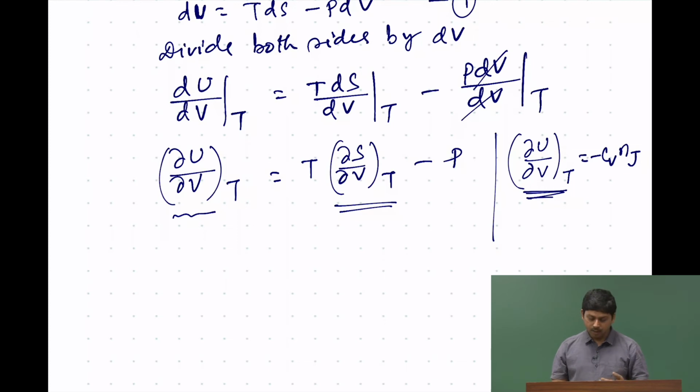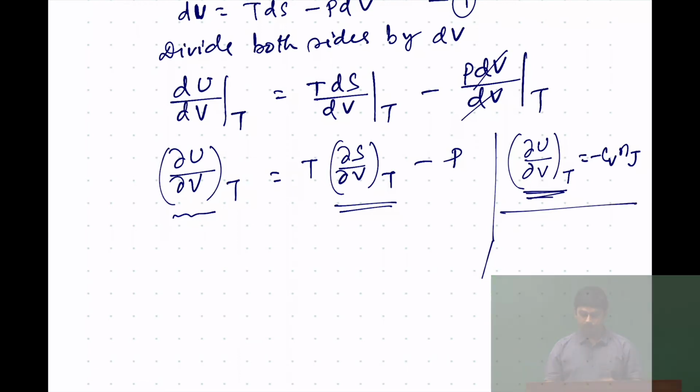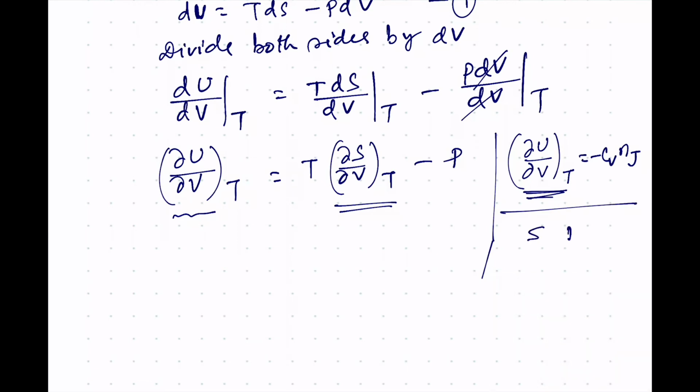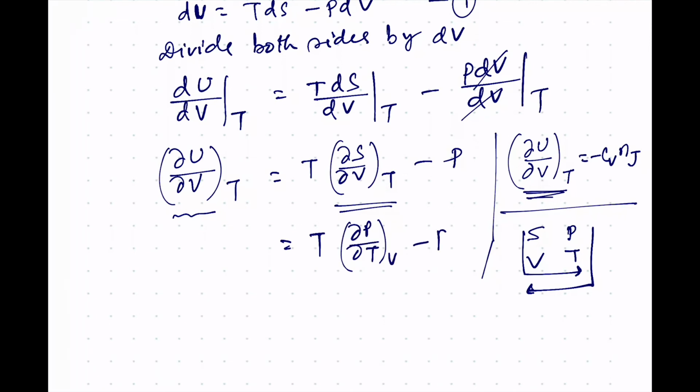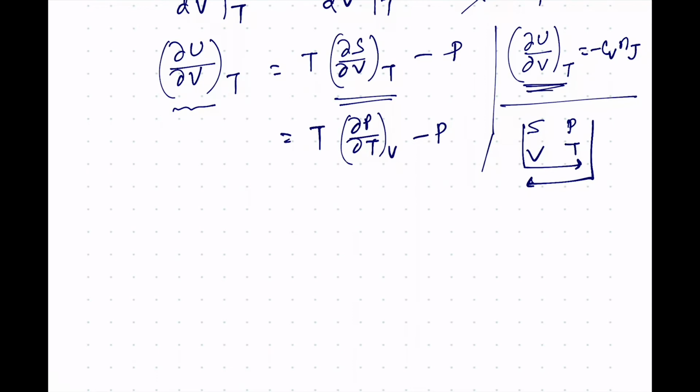But in order to calculate del U by del V at constant T, I have to get del S by del V at constant T, and I do not know how to calculate that unless I use the Maxwell relation. What is that Maxwell relation? We will not remember it, we will just do SPTV, and we know that del S by del V at constant T is del P by del T at constant V, and both are going down, so both are positive. So I can write del U by del V at constant T as T del P by del T at constant V minus P. Now that is very easy for us to calculate.